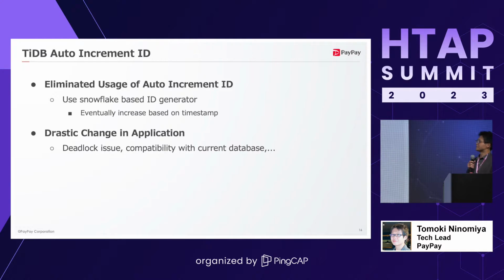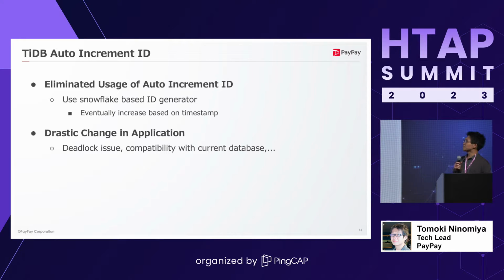Actually, I think you've already heard about it, but one of the big changes is the auto-increment ID. Consequently, we eliminated the usage of auto-increment ID. The first motivation is that we migrated 2 years ago, so there was no option to use auto-increment ID. But apart from that, we are still not using auto-increment ID for new tables as well, for optimization purposes.